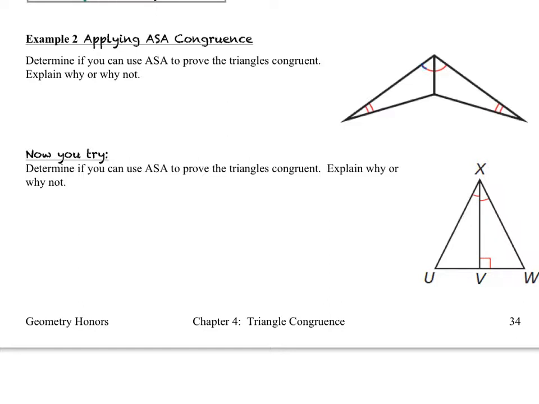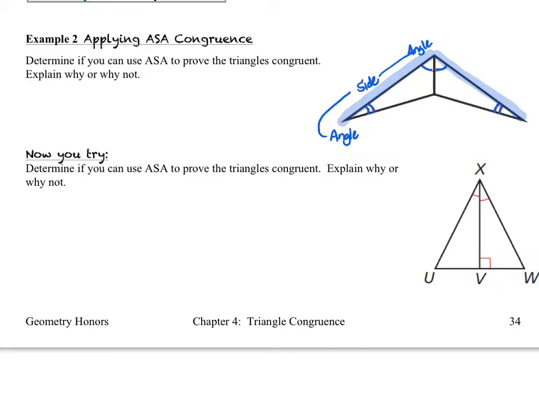We have two congruent angles here, and we have two congruent angles here. And if we want to be able to use the angle-side-angle, we have to have information about the segment between those two, or the included side, being congruent to each other. And we do not have that information.